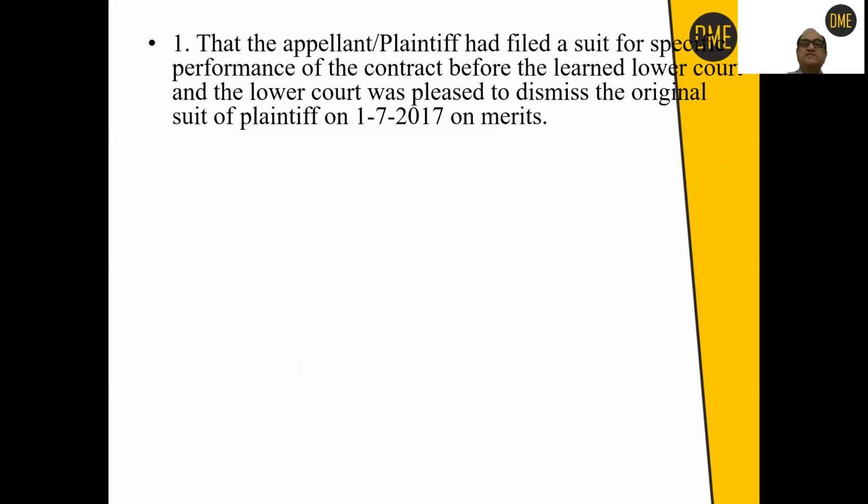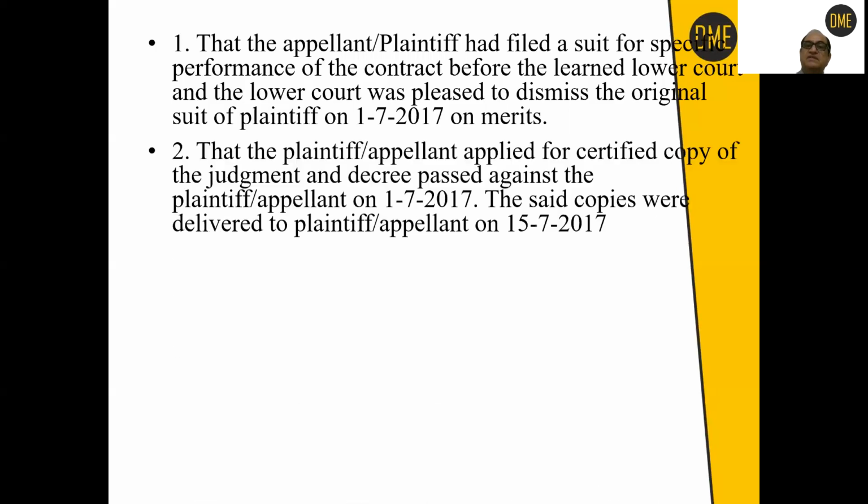That the plaintiff appellant had filed a suit for specific performance of the contract before the learned lower court, and the lower court was pleased to dismiss the original suit of the plaintiff on 1st July 2017 on merits. The first ground mentioned in this application is that the suit of the appellant was dismissed by the trial court on merit on 1st July 2017.